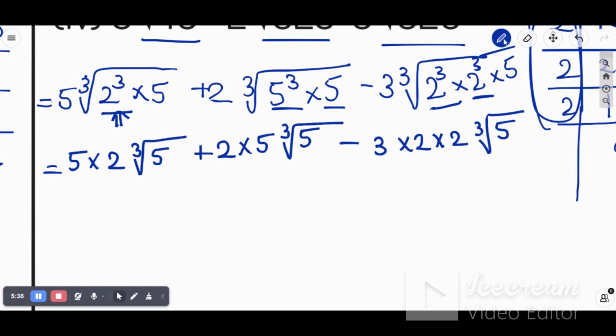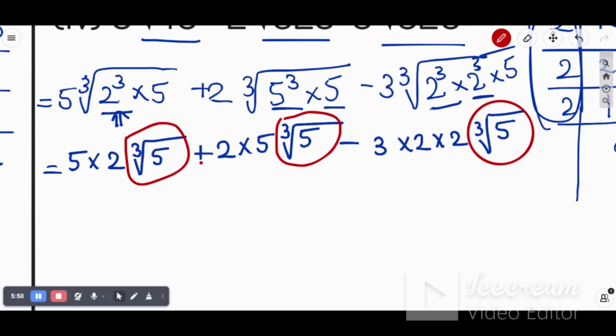So now if you could see, you have got this 3 cube root of 5 common in everything, okay? So this is your cube root. So now what you can do? Yes, there is one more step, and let me do that and we'll go on further. 5 twos are 10. And then the next step, that is also a 10.